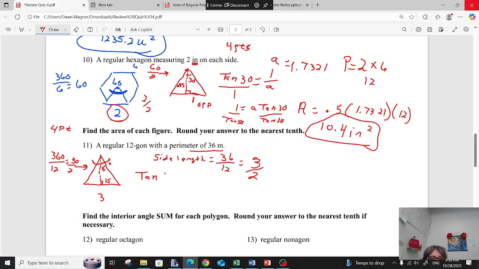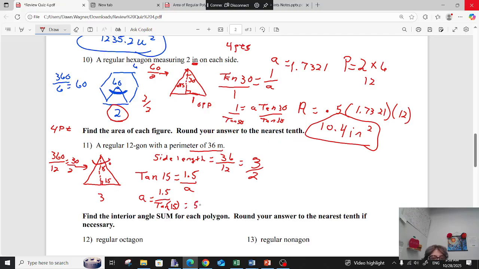Now, I'm going to set it up just like over here, except I use the other numbers. Tangent 15 is equal to opposite, which is now 1.5 instead of 1, over A. When you cross multiply and do all the fancy stuff, you're actually just taking 1.5 divided by tangent 15, right? Because we did all of that here. So what do you get for that answer?